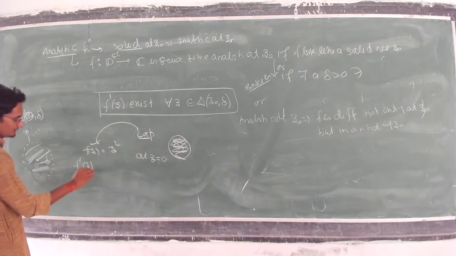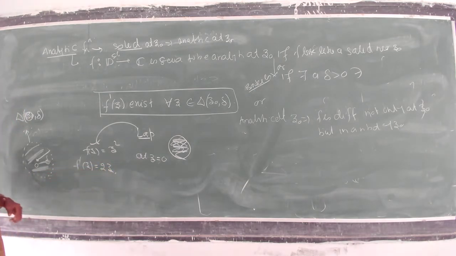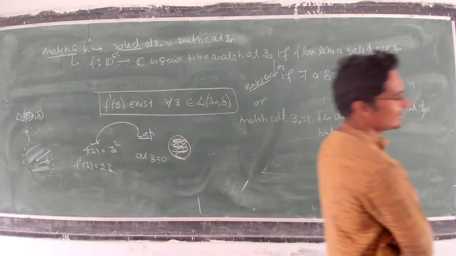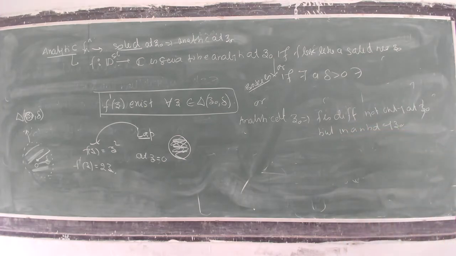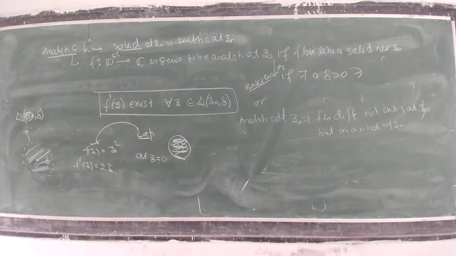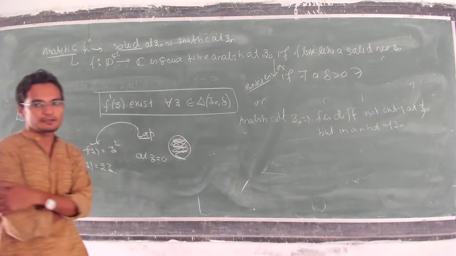Now you check: f dash z will be 2z, which is 0 at 0 and exists everywhere. So you have to check not only at this point but also nearby, the function should be differentiable. So analyticity means differentiability not at that point only but in the neighborhood of that point also. Then you will say your function is analytic at that point. Okay?